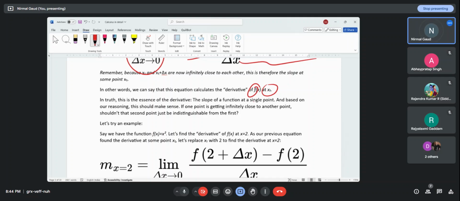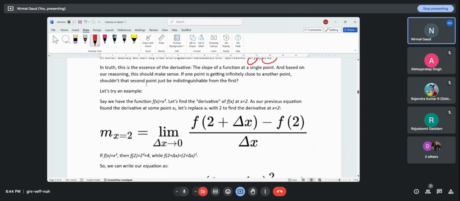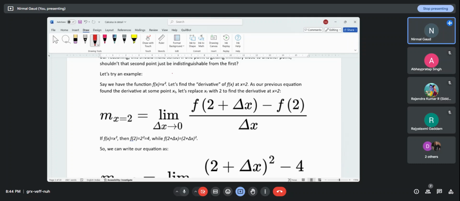For example, if you have the function x square and want to find the derivative of f of x, we know its derivative will be 2x. Suppose you are trying to find it at x equal to 2, so your point x1 will be 2.